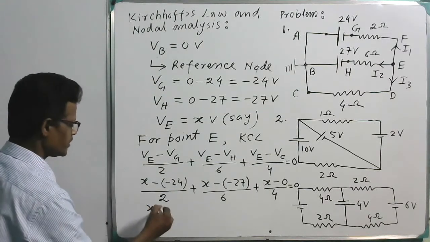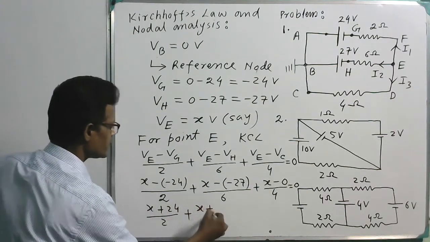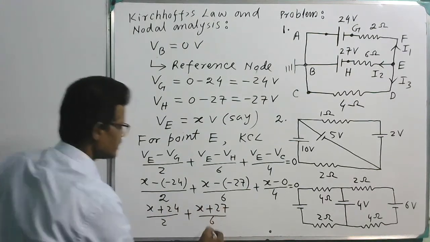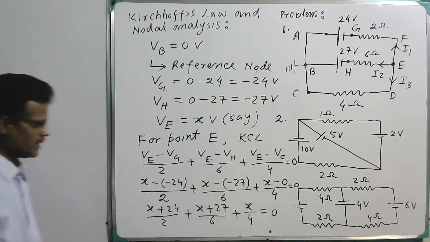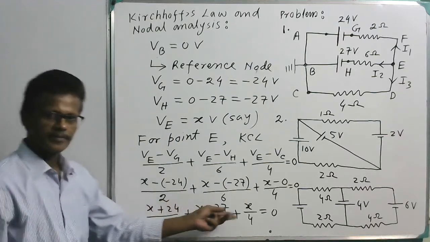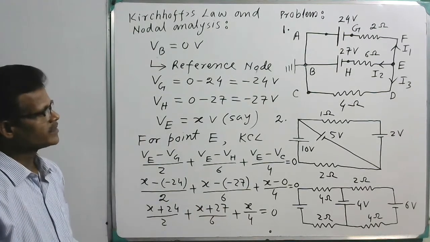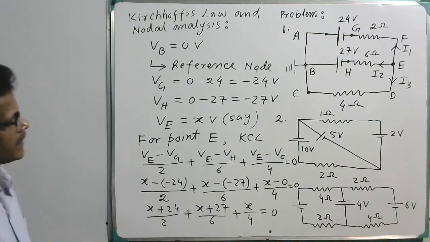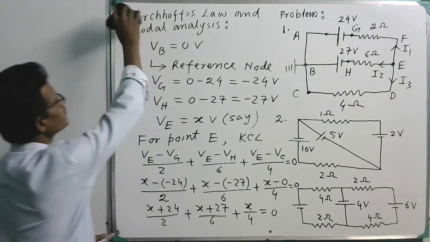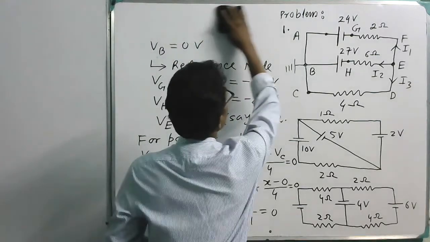So (X plus 24) by 2 plus (X plus 27) by 6 plus X by 4 equals 0. Now you can solve for X, find the value of X, then you will get all the branch currents or the potential difference between any two points. You can calculate now. So let me clean the board.